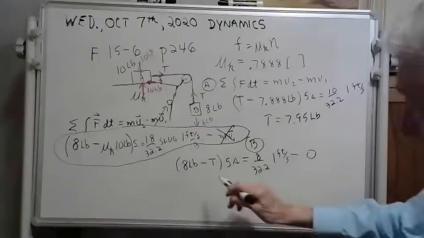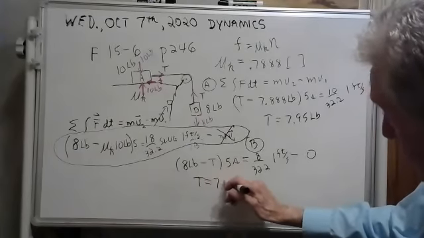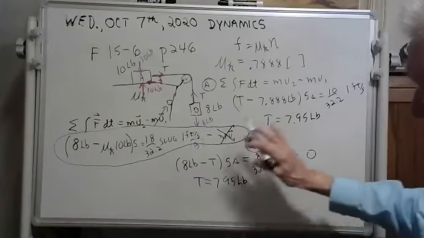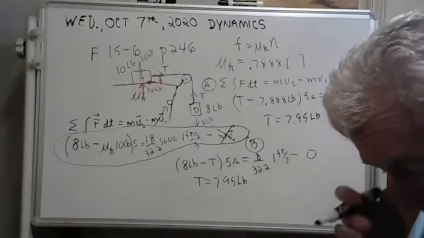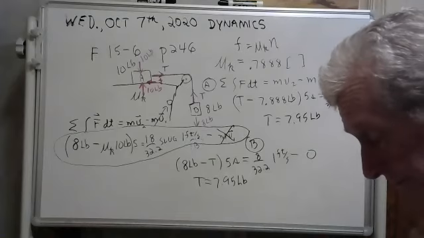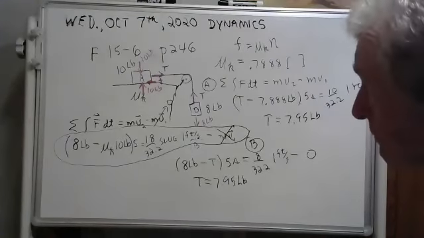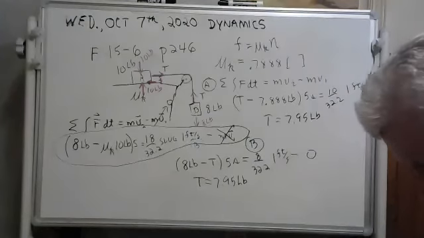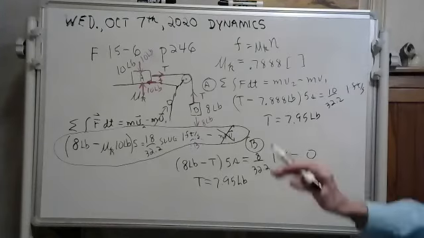Boy, Jove, I'm getting 7.95 pounds. Same answer we got before. Now, if you look in the back of the book to see how we did, this was problem 15.6. And they said mu sub k is 0.789.